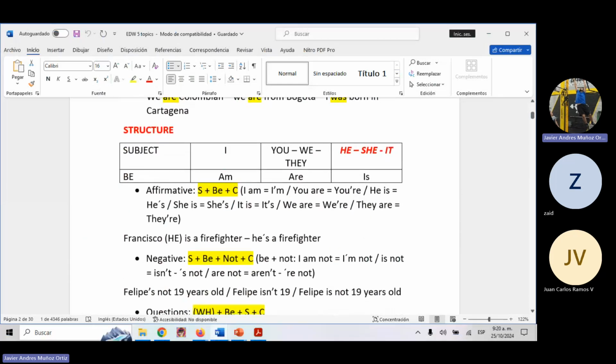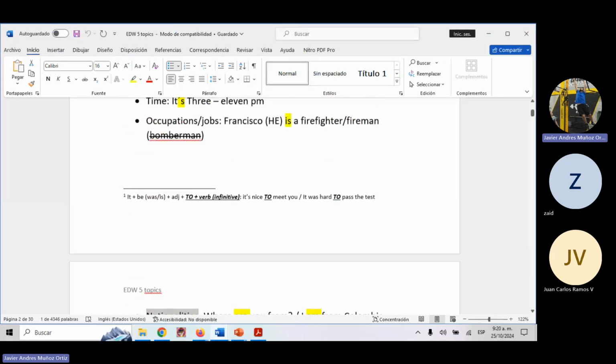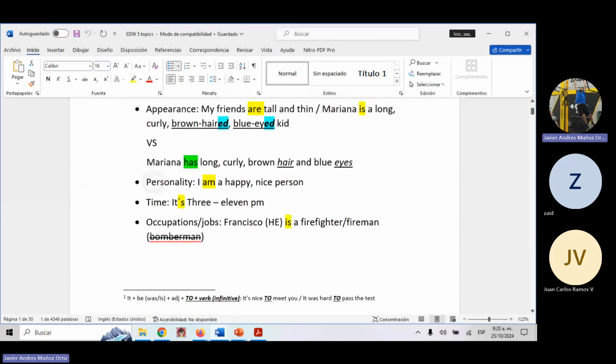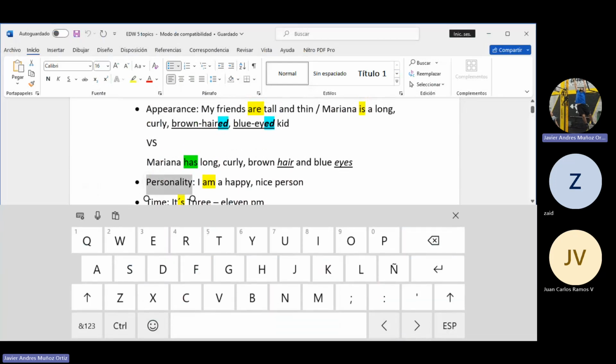Take into account that in negative sentences, we create something similar. The organization is pretty much the same. And when we are using questions, let's suppose about personality: is your sister a reserved woman? ¿Es su hermana una mujer reservada?